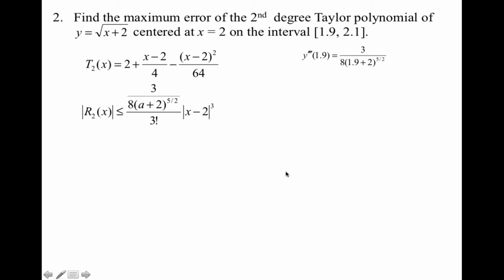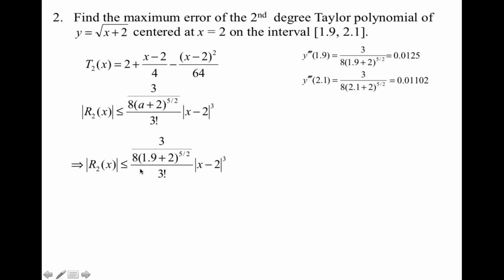And I need to figure out which endpoint gives me a maximum n plus 1 derivative, so the third derivative. So the third derivative of 1.9 is going to give me 0.0125. The third derivative of 2.1 is going to give me 0.01102. So that means that I am going to use the 1.9 derivative in my remainder.